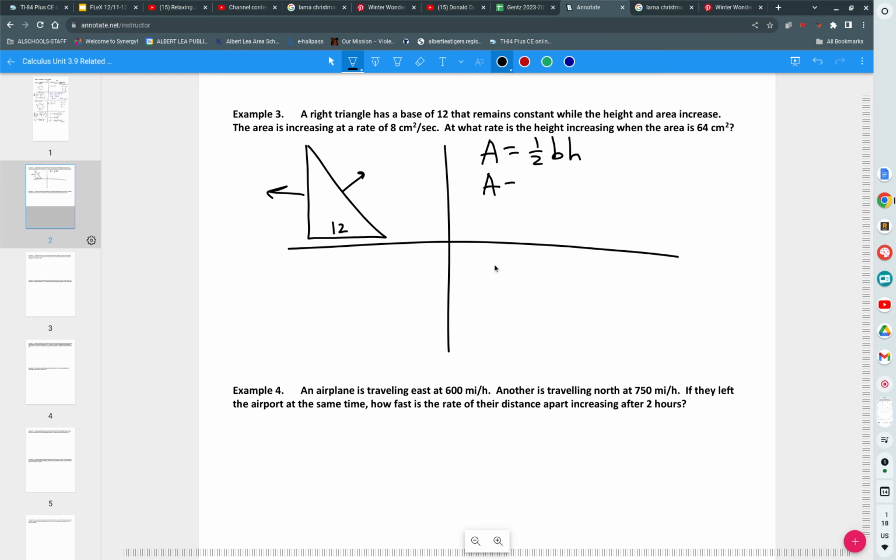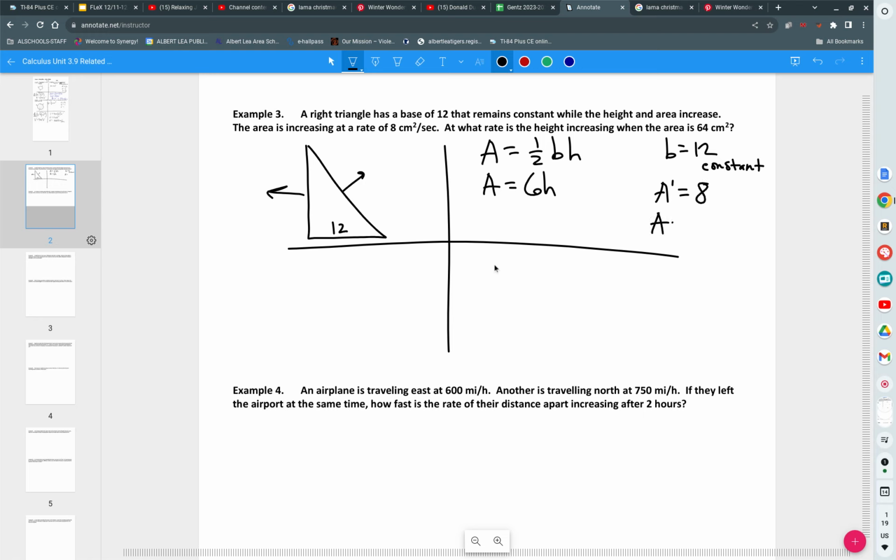If it isn't changing, you can plug it in right away because it's constant. So therefore, area is equal to half the base, which is 6, times the height. And so I know in this problem that the current base is 12. I use that already because it's constant. And I know that A prime is equal to what? 8.